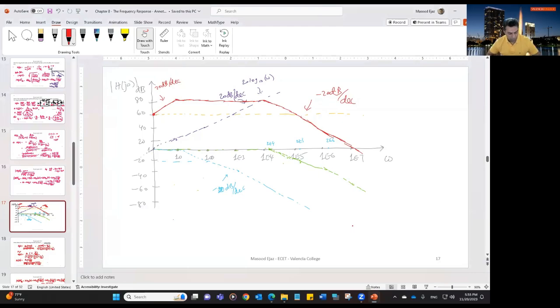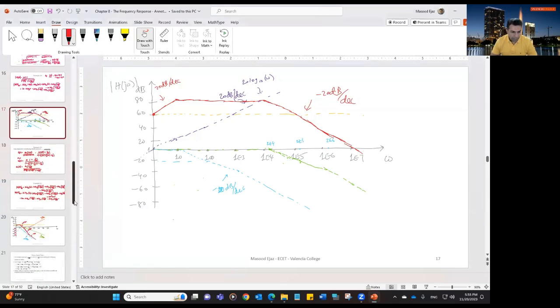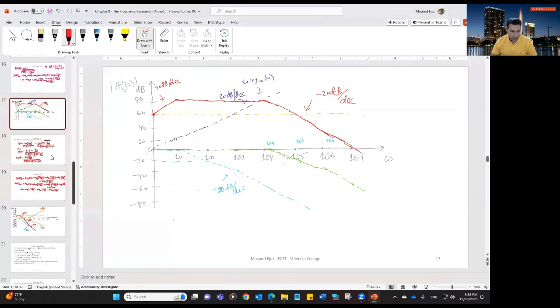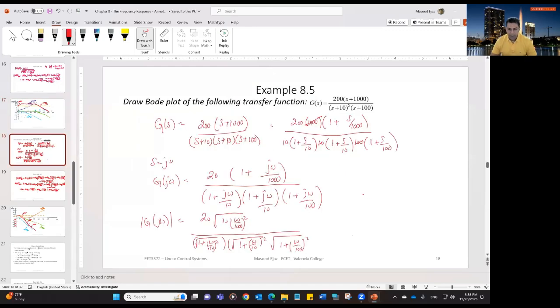We can discuss it a little more later if you want. But I also showed you an example, and that example was based on the problem that we did last time. Your gain is 200. One of your zeros you can put as negative 1000 or 1000, whichever. In the equation it is taken as 1000, of course, s over 1000. And then you have 2 tens and 100 as poles.